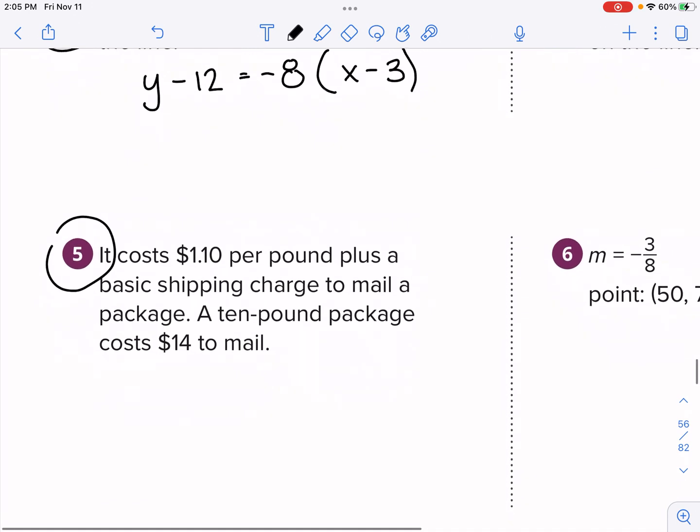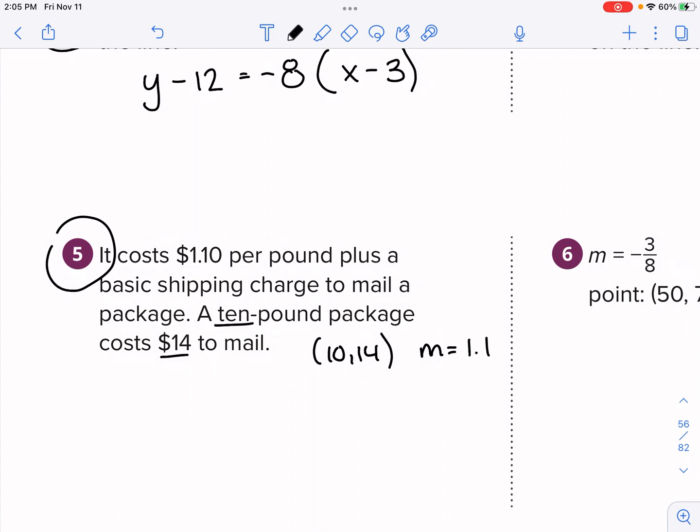So this second sentence gives us an ordered pair. 10 pounds, it's going to cost us $14. So that's (10, 14). So that's going to be my x1, y1. And when we think of rate of change, right, the rate of change is how much something is increasing or decreasing. That's what the slope represents, right? So we would say m is $1.10. I'm going to put 1.1.